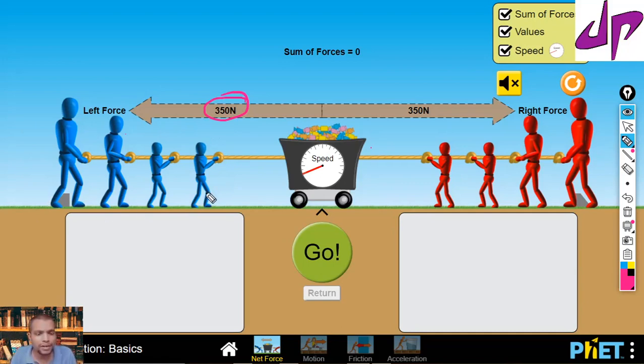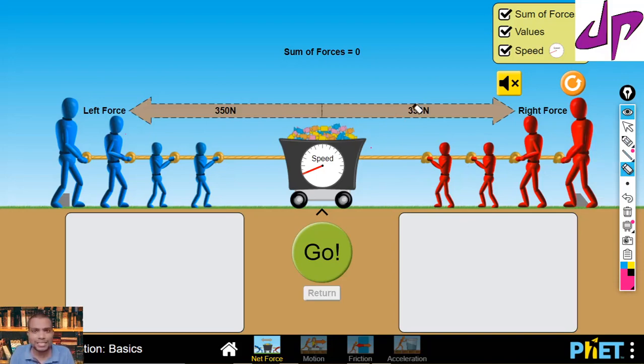The red team also applies the same amount of force in the right direction, 350 Newton.